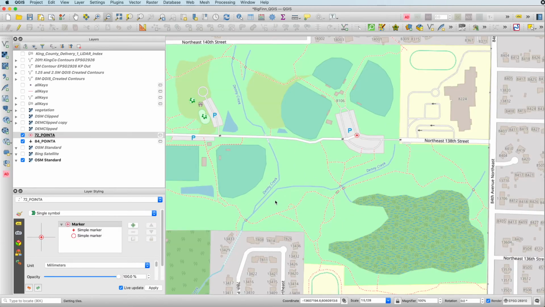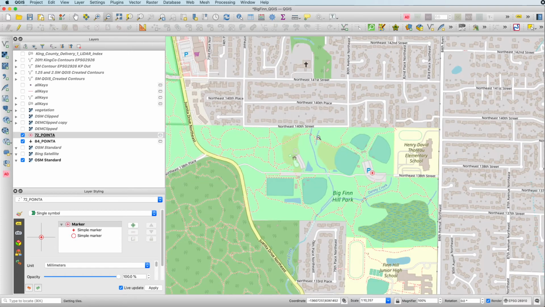So here we are in QGIS, and again I have the Big Fin Hill Park map opened up, and I have a couple points on the map that I'd like to point out. This first point, 72 point A, is located right above the other point called 84 point A, which is an airplane over here by the parking lot. Both of these points are physically in the same spot on the planet Earth.